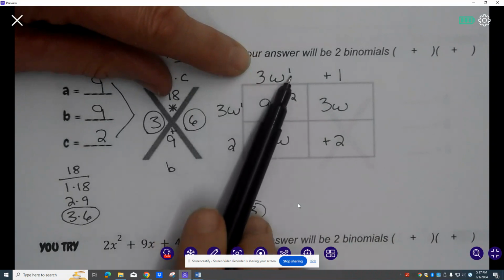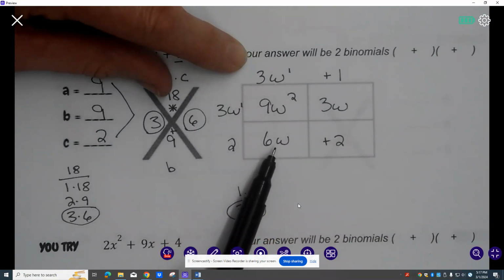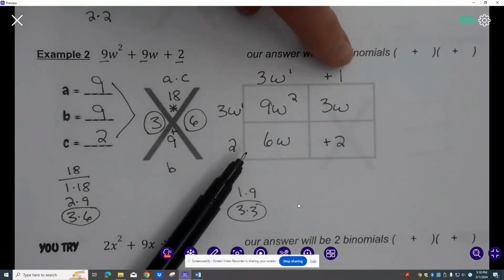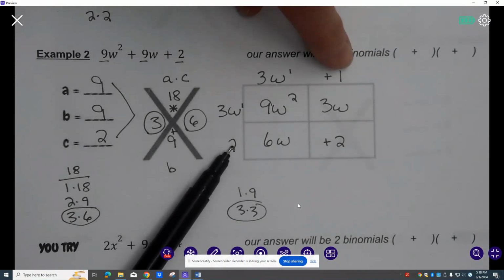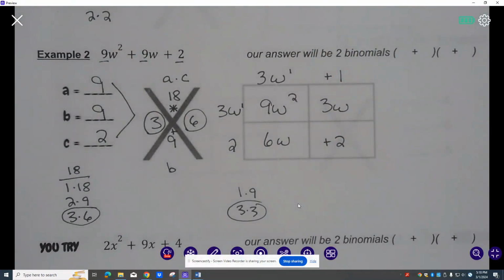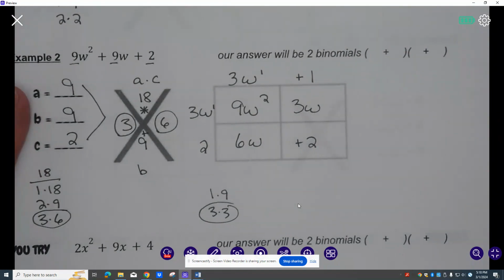And 3w times 2 will get me 6w. Sorry. And then one last check. Check if these two numbers, when you multiply them, you get what is in that box. And you do.